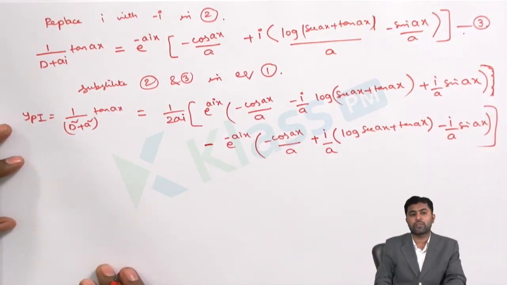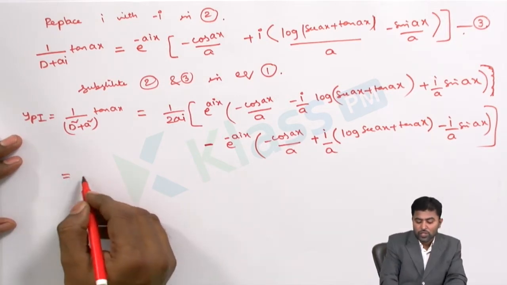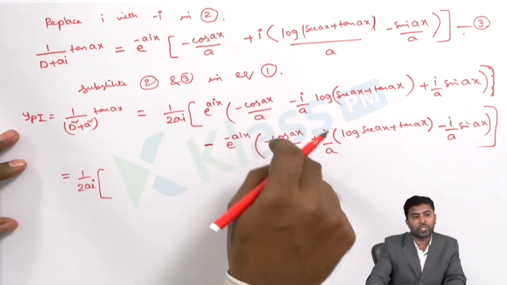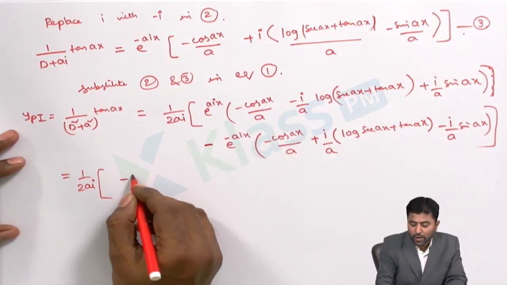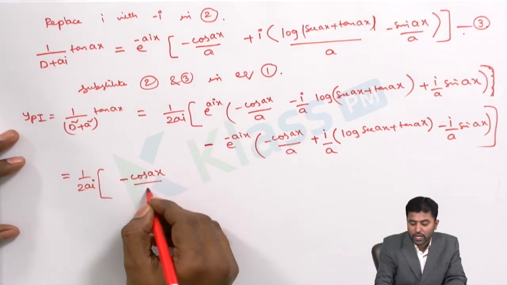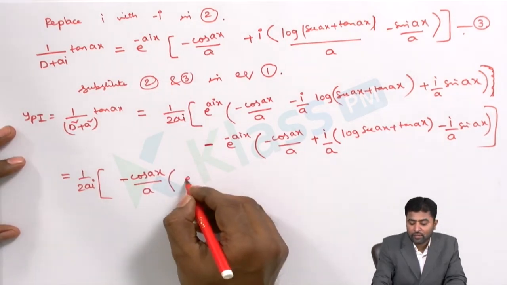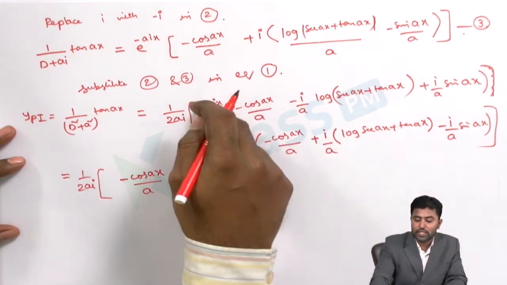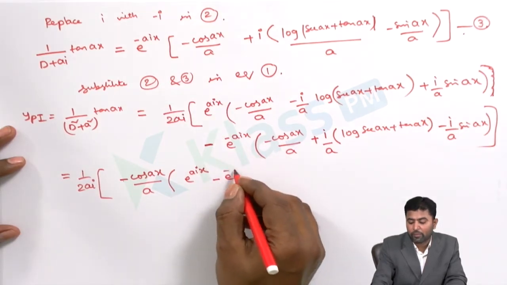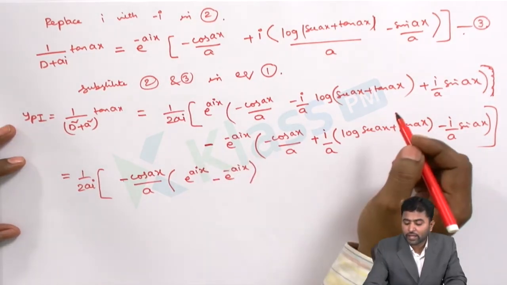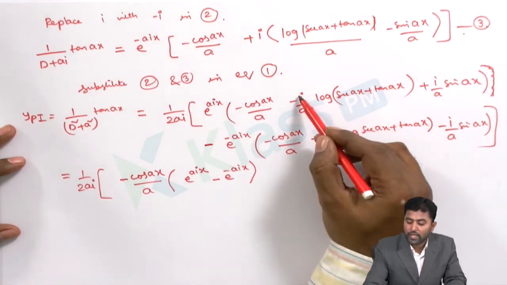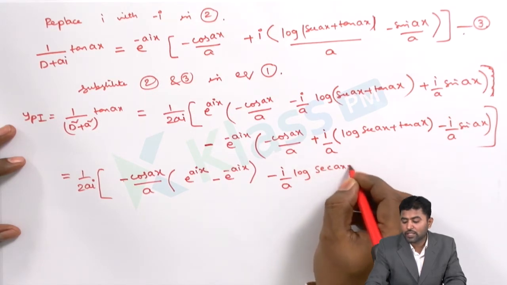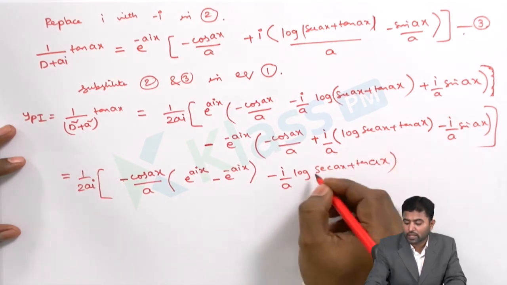Now we have to solve this very carefully. So 1 by 2ai. Now I'll take the first term of these two brackets. I can write it as minus cos ax by a, and take e power iax common, then this minus this will be there, e power minus iax. Then take out the common term minus i by a, log secant ax plus tan ax, common.